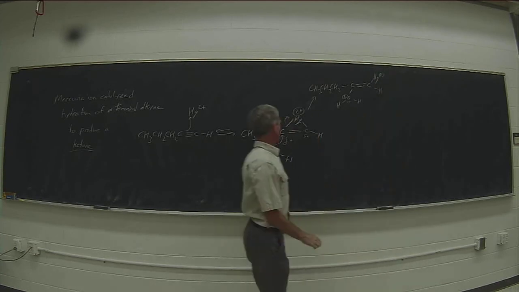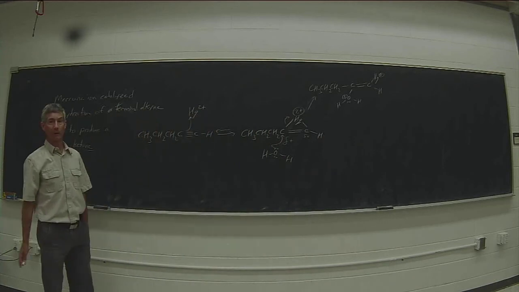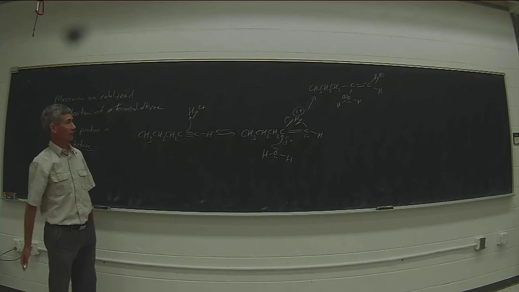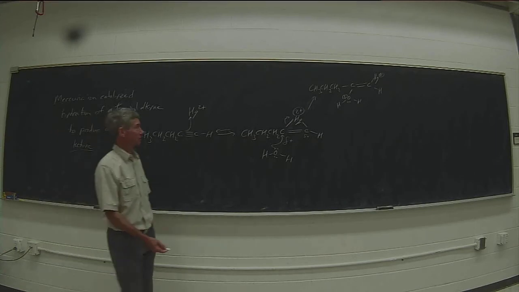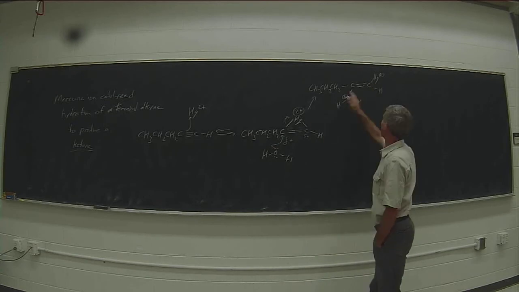And our intermediate will have a positive charge on the oxygen from the nucleophilic water and the other positive charge on the mercury. The mercury has effectively been kind of reduced in this reaction because now it's bound by the pair of electrons that used to be the pi bond to this carbon.